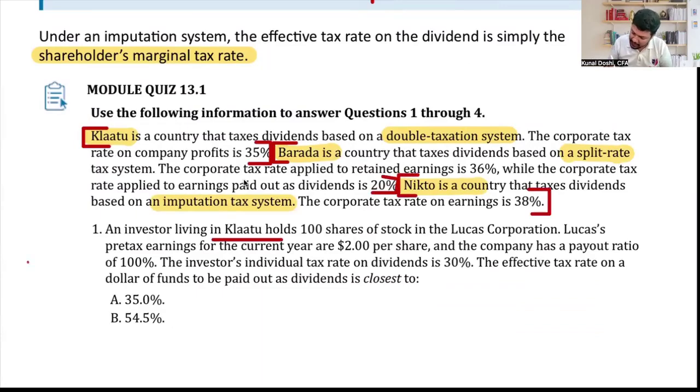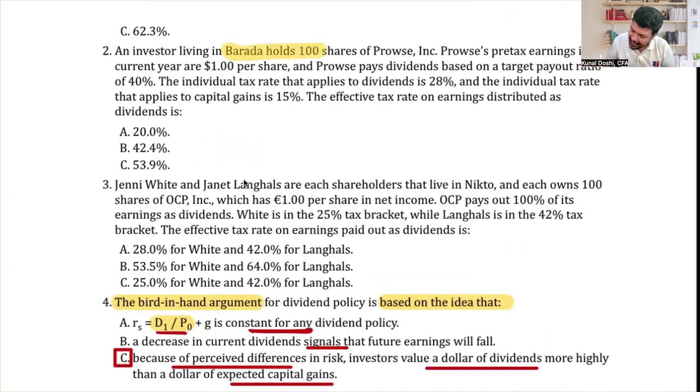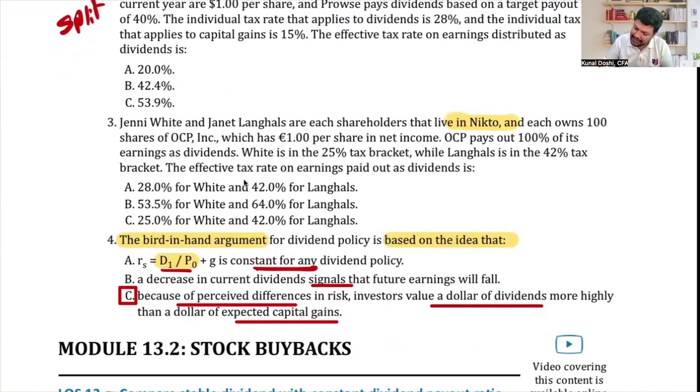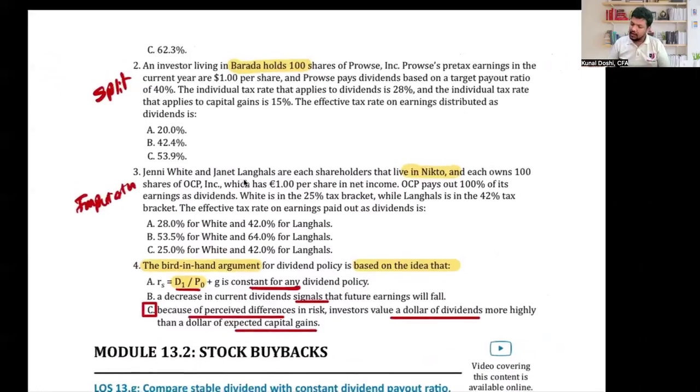Klaatu has double taxation, correct? Barada has a split tax system. And of course, the third one, Nikto, has an imputation tax system. Understood? Apologies for my handwriting.